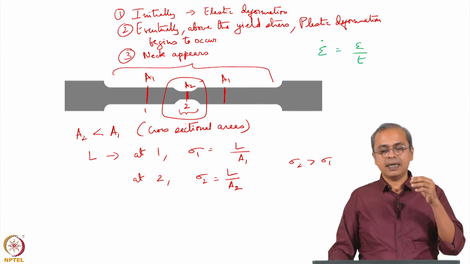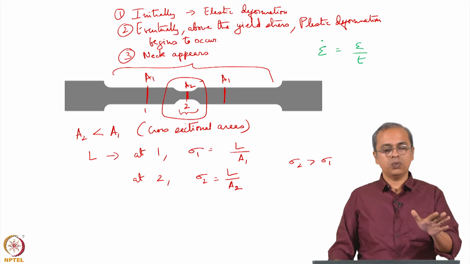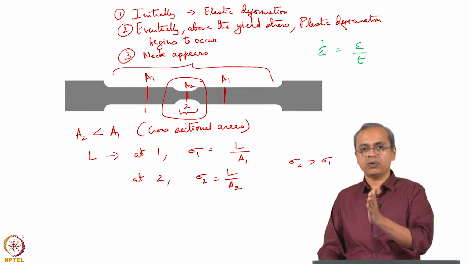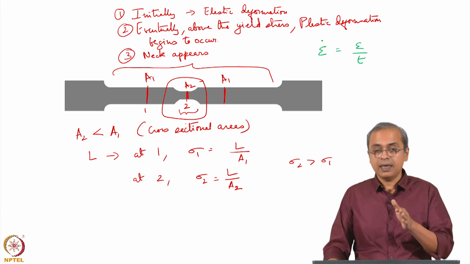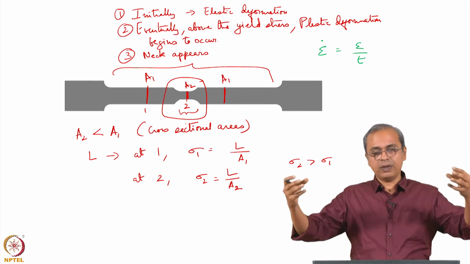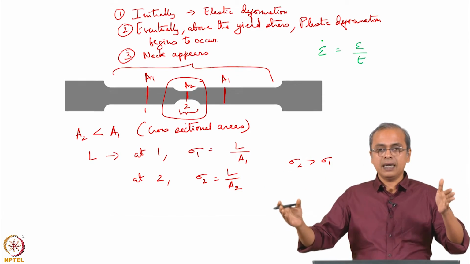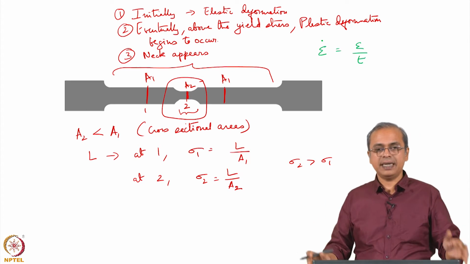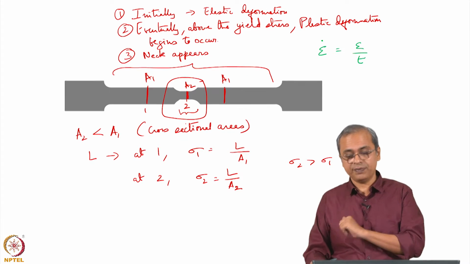Till the neck appears, this is true. Once the neck appears, even though you may get a total strain of some value, a larger fraction of that strain is happening at the neck than over the rest of the length.